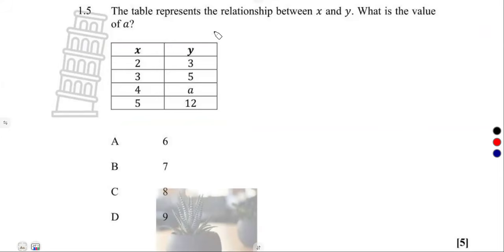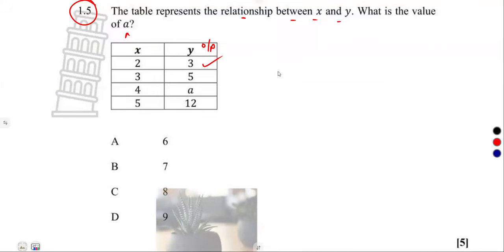Let us move on to 1.5. The table here represents the relationship between x and y. What is the value of a? These are the output values, y. The output values form a sequence or a pattern.